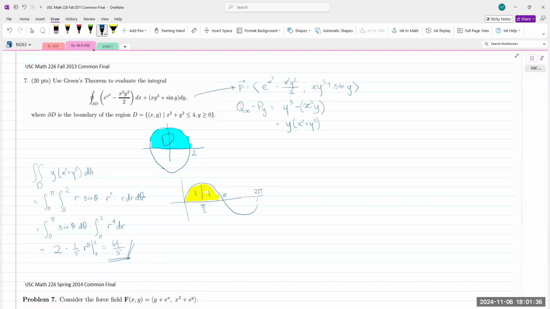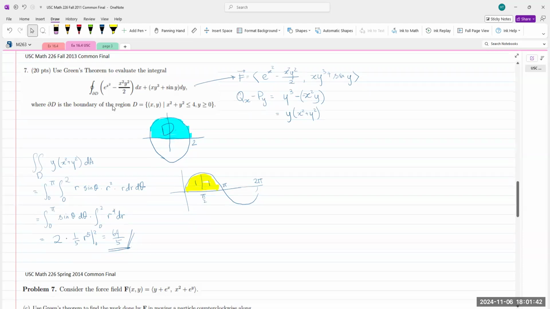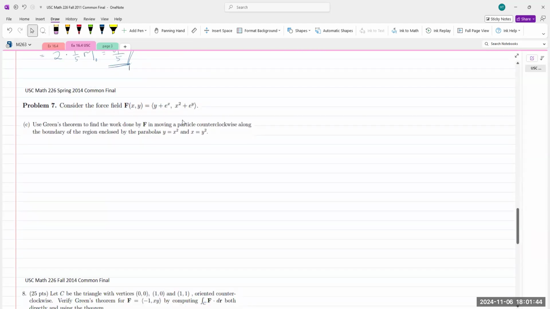That's for fall 2013, number 7 from USC Math 226 Common Final. Problem 7. Consider a force field. That's the force field. Oh, so it may have something to do with work, right? Okay, good.